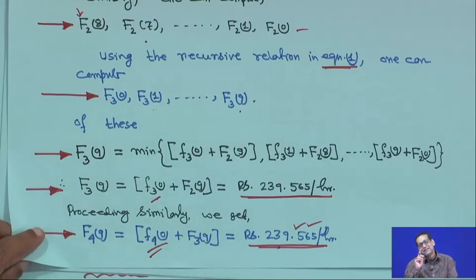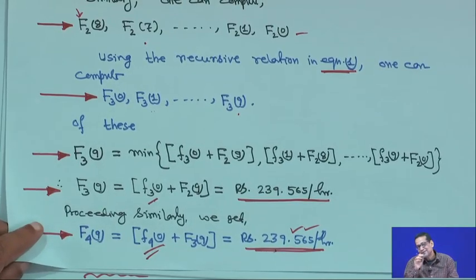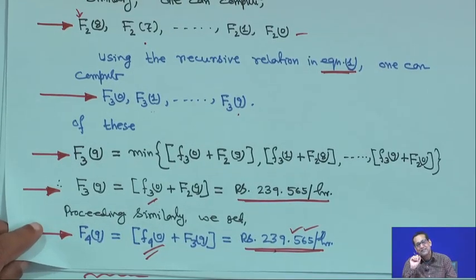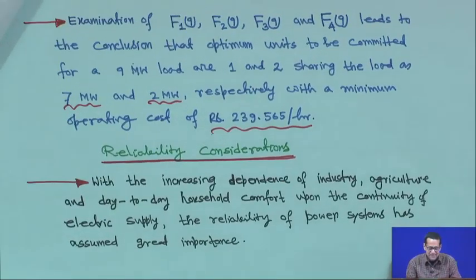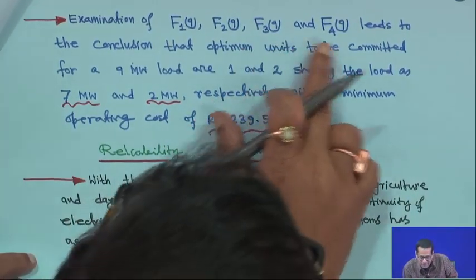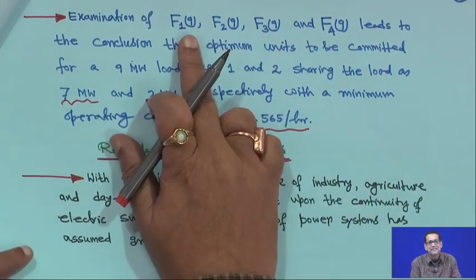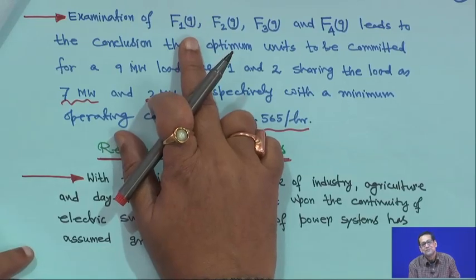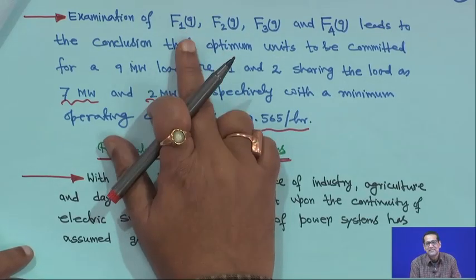That means to supply 9 megawatt, the unit 1 and 2 combination is the best one, right. So that's why examining f19, f29, f39 and f49, f49 also we have seen, with only one unit it is not possible, it is 240 point something we have seen, right.